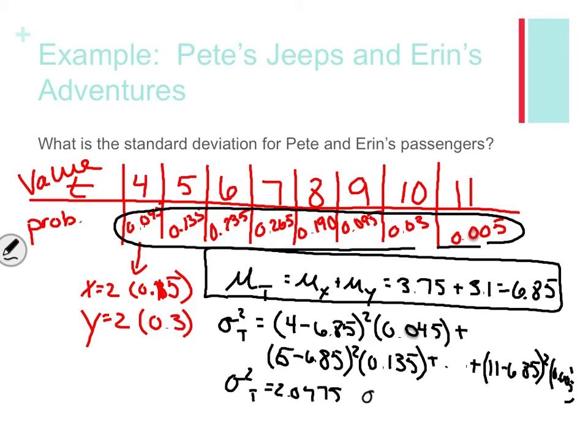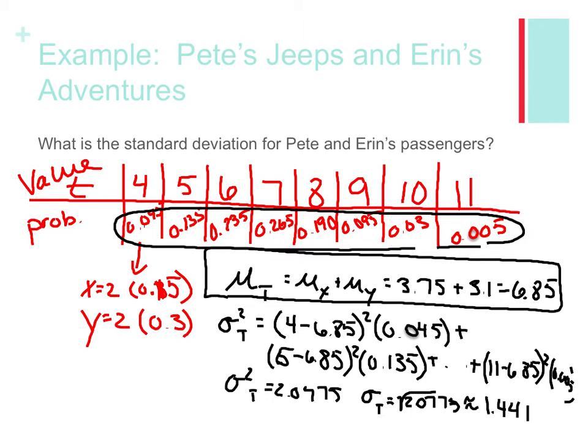So the standard deviation I'm going to find by taking the square root of 2.0775, which is about 1.441. Okay. So this obviously is very different than if we were to add them together.